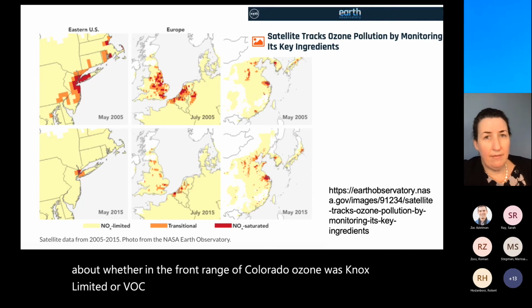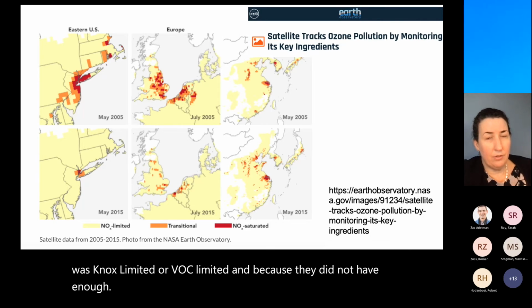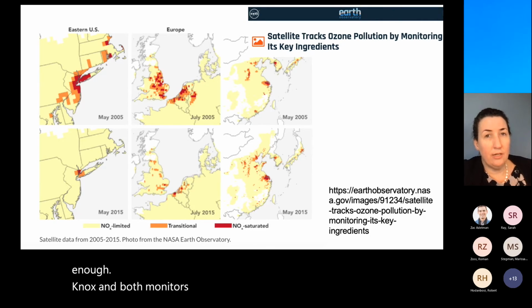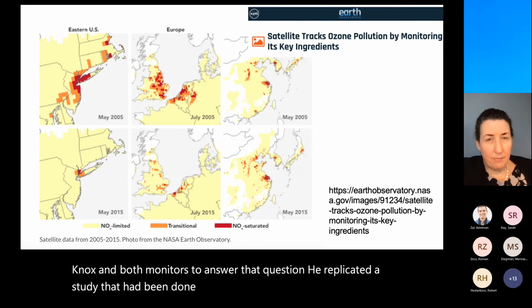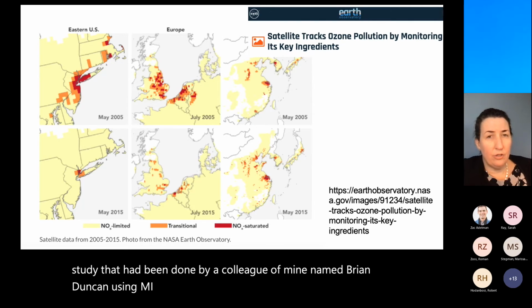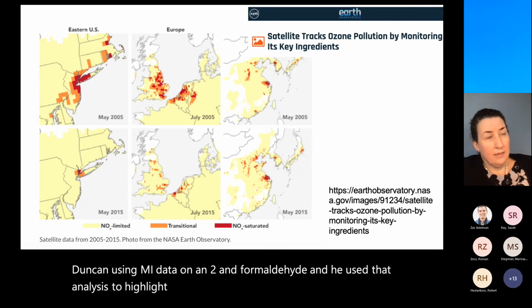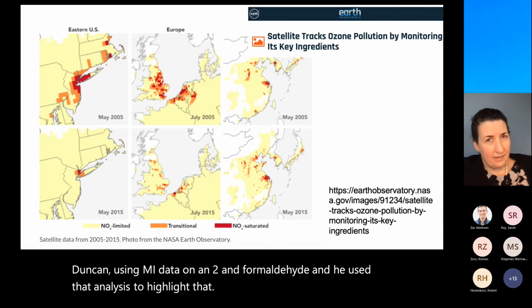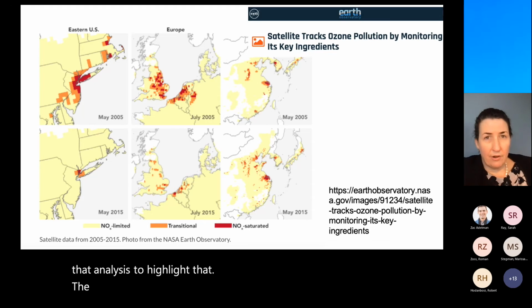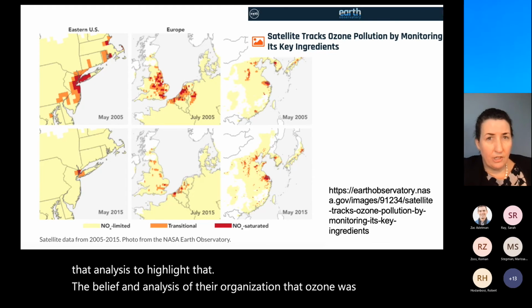Because they did not have enough NOx and VOC monitors to answer that question, he replicated a study that had been done by a colleague of mine named Brian Duncan using OMI data on NO2 and formaldehyde. And he used that analysis to highlight the belief and analysis of their organization that ozone was NOx limited in the Front Range.